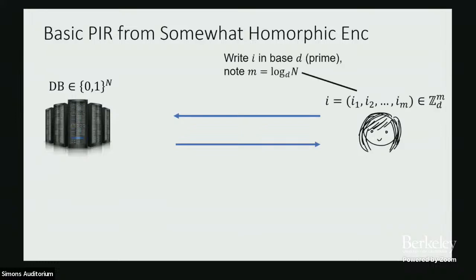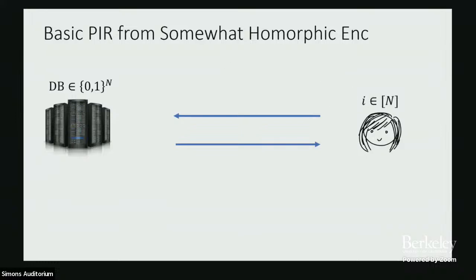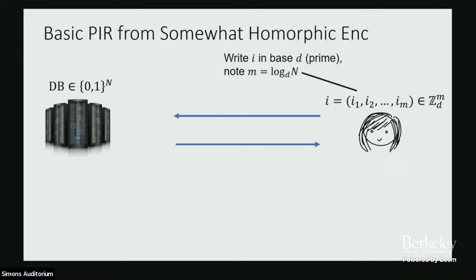So here's the idea. Let's take the index that the user has and write it down in some base D, which will be set to be prime, and it'll correspond also to the degree that we saw in the previous slide. So some fairly small base. And let these just be the digits in this base. So I'm just writing down the index I. And if I do that, you can think of the function that maps this index to the ith location of the database.